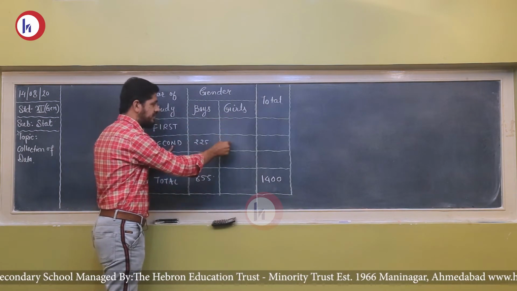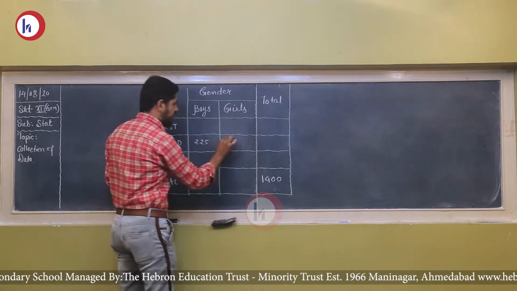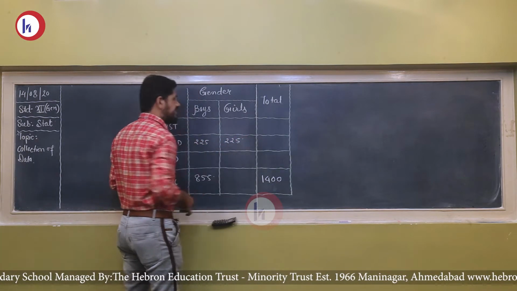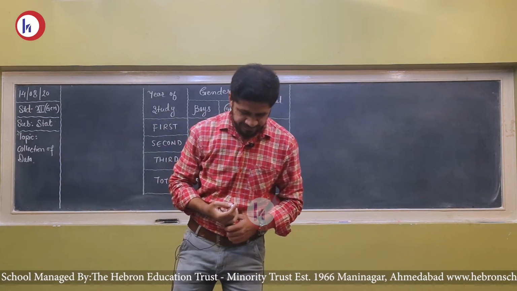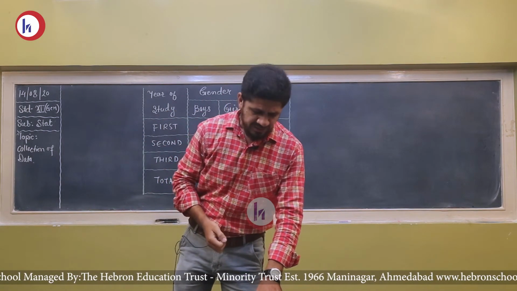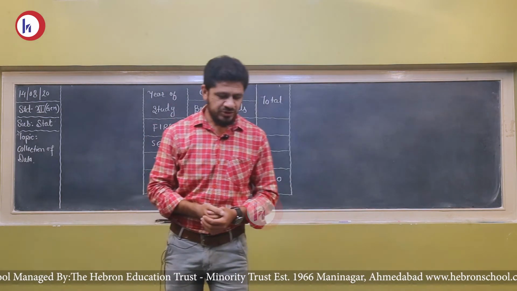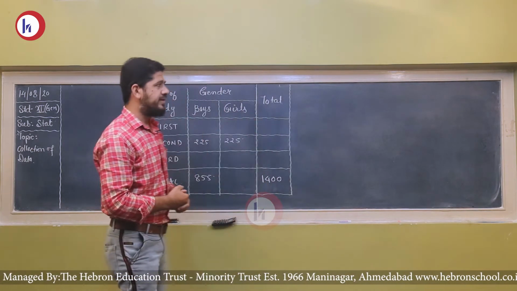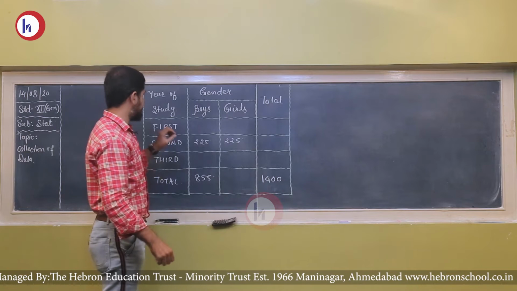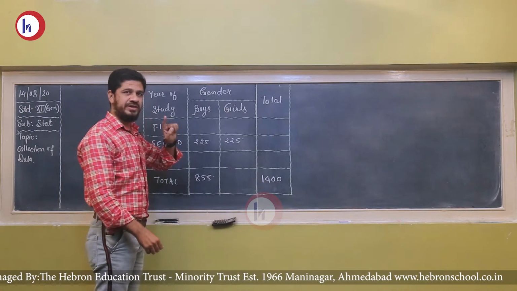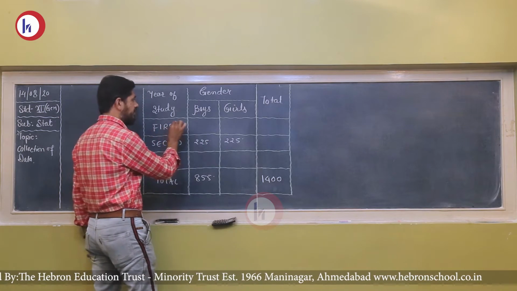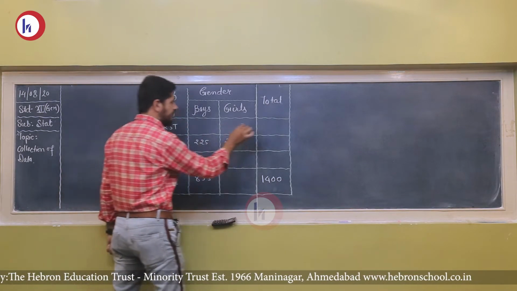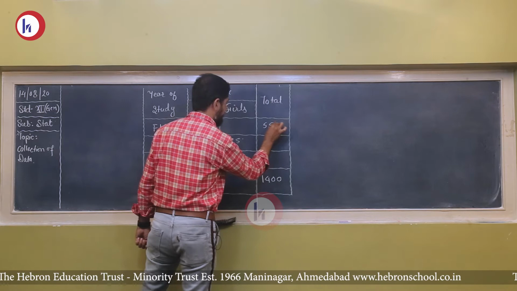If the boys are 225, the girls are also 225. Next one, among the 550 students of the first year, they haven't mentioned whether they are boys or girls. So this is the total number of students studying in the first year, 550.